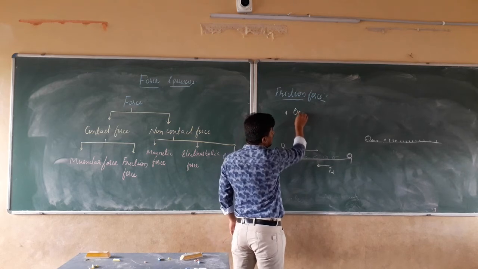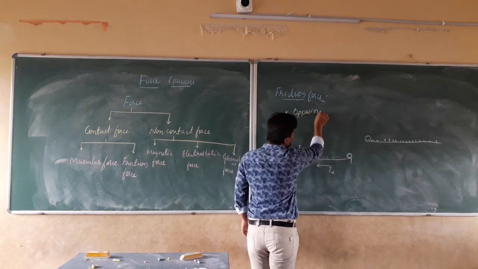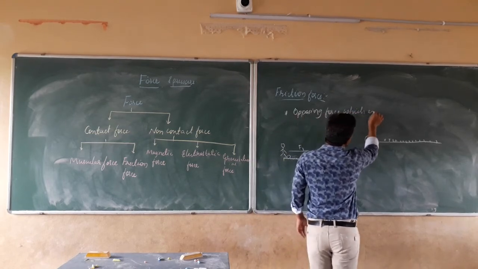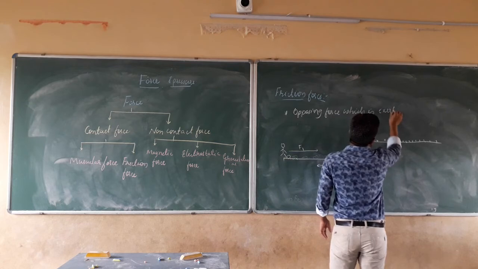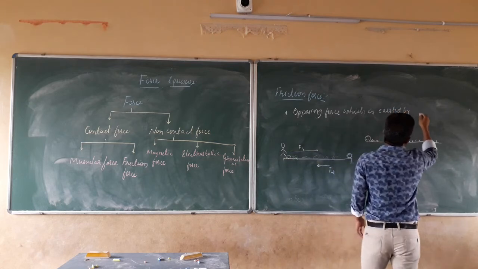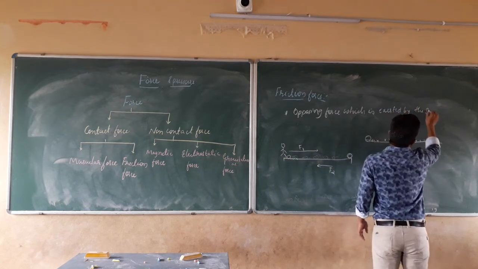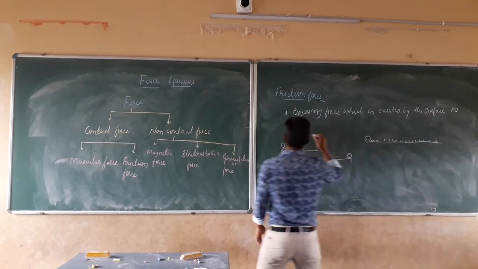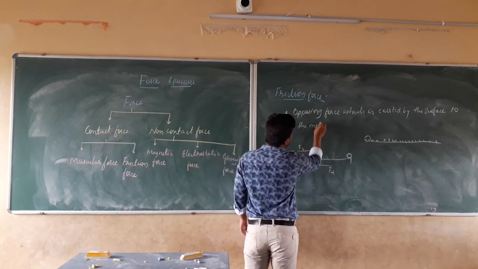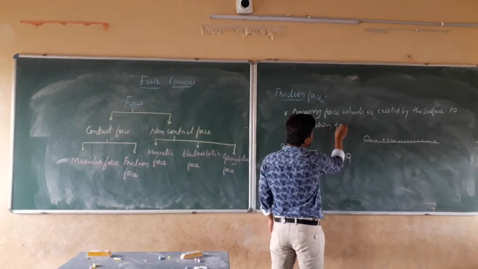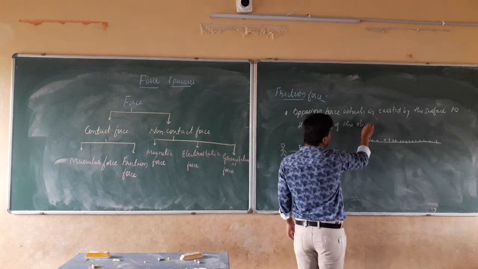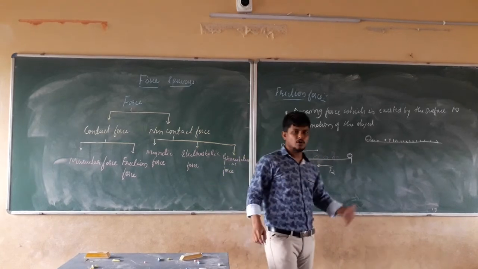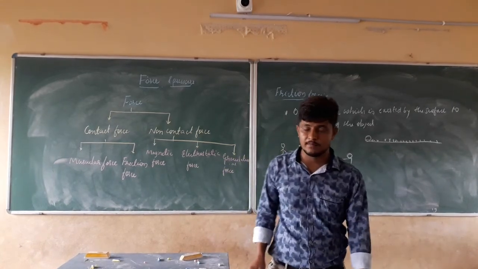Friction force is an opposing force exerted by the surface to the motion of the object, right? Due to the friction force, a moving ball is going to stop, a moving vehicle is going to stop.